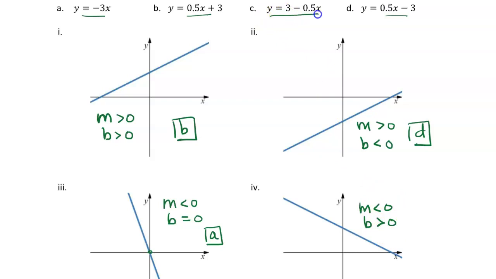So it's got to be this one, but it's not written in y equals mx plus b form, so it could be a little misleading. We can rewrite this as y equals negative 0.5x plus 3. That's the same thing, so it has a negative slope and a positive y-intercept. So C is the one that matches that line.